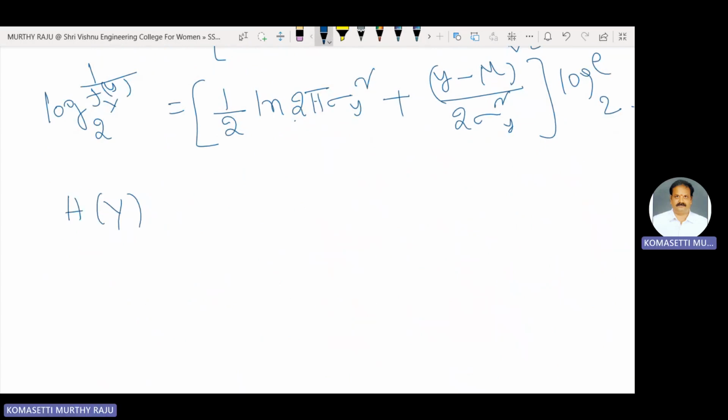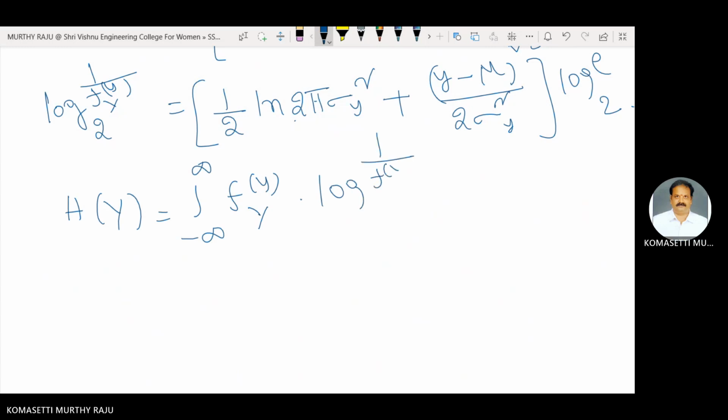H of y is equal to integral minus infinity to plus infinity f of y suffix capital Y into log 1 by f of y to the base 2 dy.